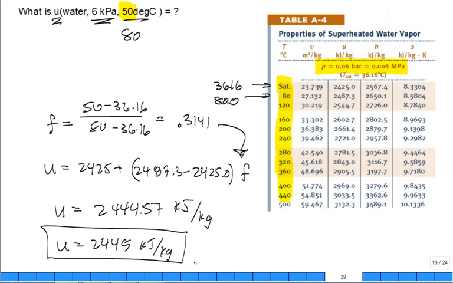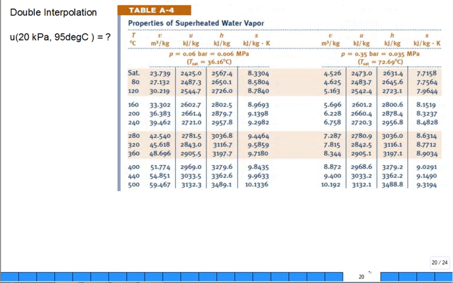All right? Any questions about that? Double interpolation. What? That makes this other interpolation look easy. Sometimes you're given a pressure of 20 kilopascal and 95 degrees C. You conclude you're out in the superheated region.